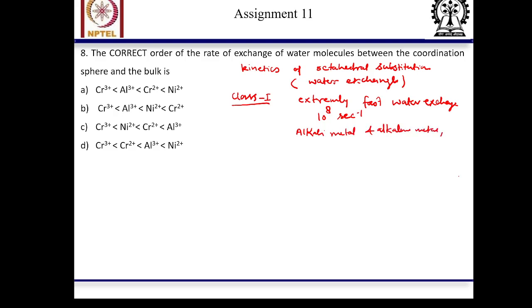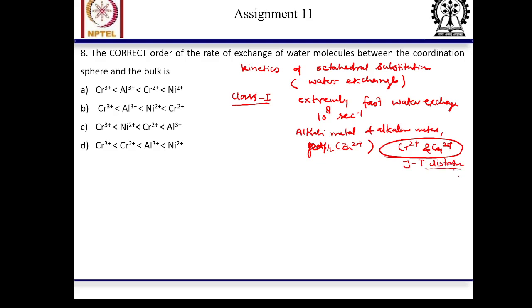With that we have group 12 like 3d elements except zinc 2 plus, and we have chromium 2 plus and copper 2 plus. Now you will ask the question, why chromium 2 plus and copper 2 plus? That answer will come from the Jahn-Teller distortion.